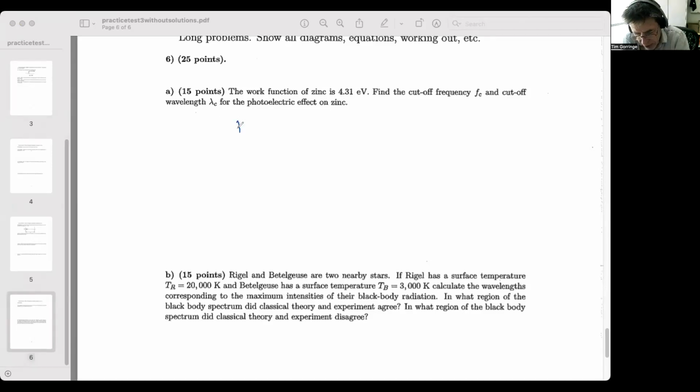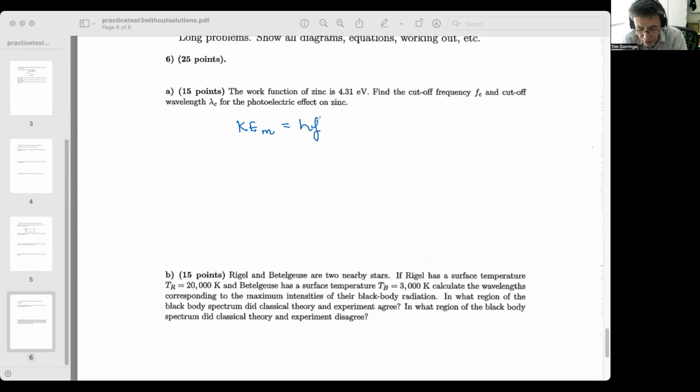Now, the relationship between the kinetic energy of the electrons, the photoelectrons that are emitted in the effect, actually the maximum kinetic energy, is that the maximum kinetic energy is determined by the energy carried by the photons, the incident particles in this effect.